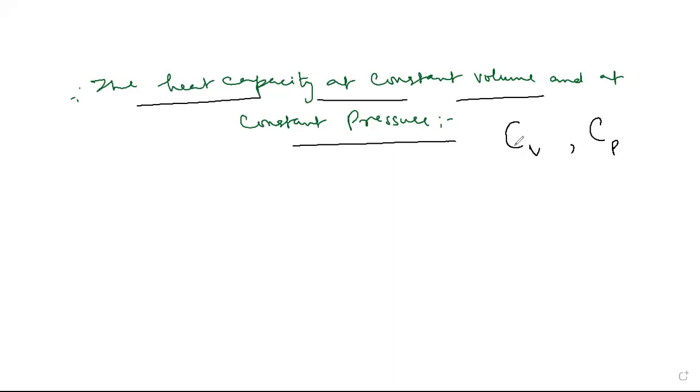So when we are heating a system at constant volume, we talk of heat capacity at constant volume. And when we are heating a system keeping the pressure constant, we consider heat capacity at constant pressure. You know that.